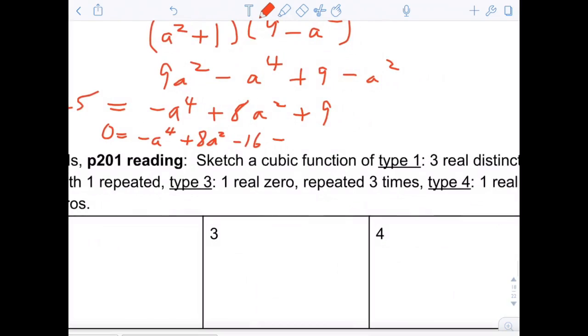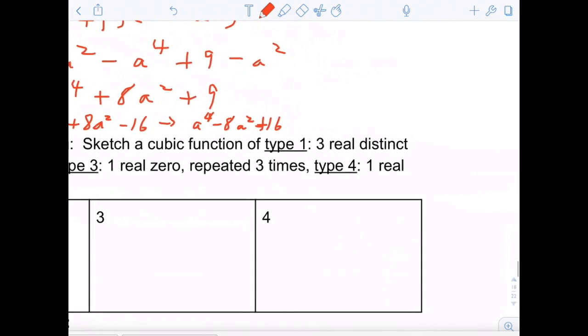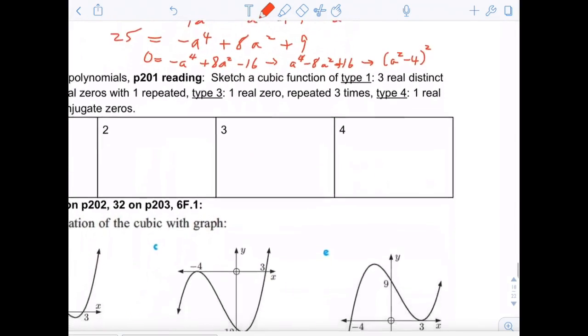If we want to, we could invert the negative signs of everything. So a to the 4th minus 8a squared plus 16. So we could factor this. It would factor into (a squared minus 4) squared, and that is equal to 0.